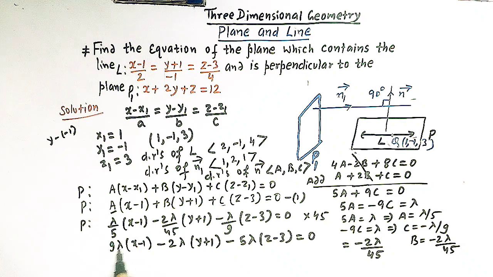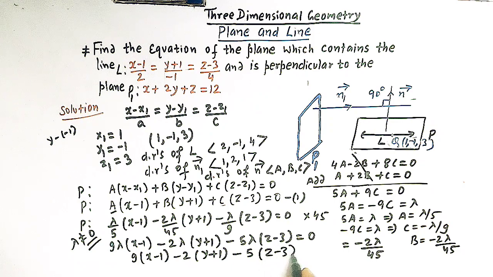Now here we can see that lambda appears in all these three terms, and lambda is a scalar and a real number, but lambda is not equal to 0. So we can write this equation as 9 times x minus 1, minus 2 times y plus 1, minus 5 times z minus 3 is equal to 0.